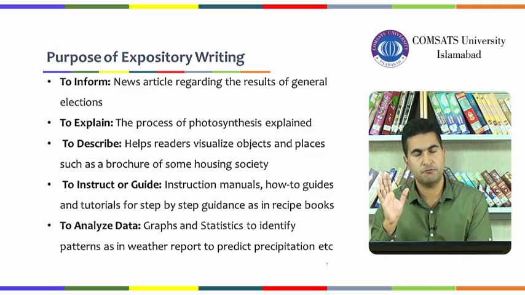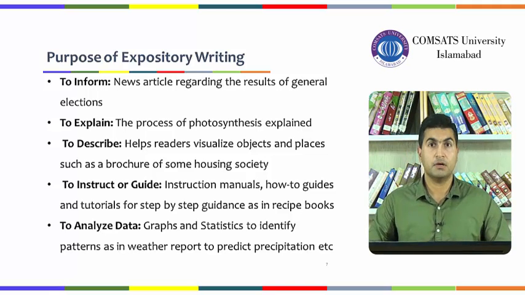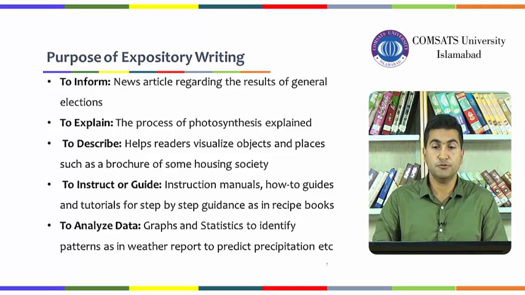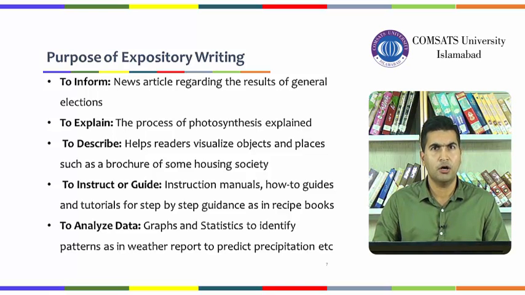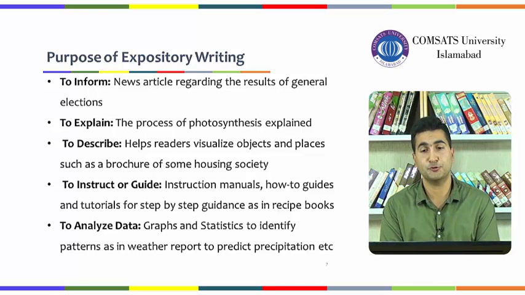Your only source of conveying information and helping your readers visualize these things is your writing. That means you have to be very conscious of the choice of words that you use. We'll be looking into the choice of words. They are very important when it comes to the use of expository writing for helping your readers to visualize these things.